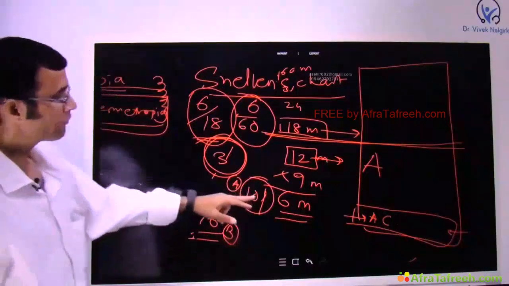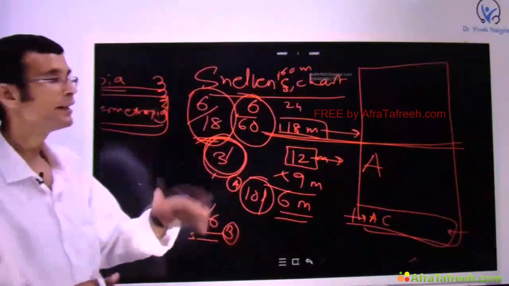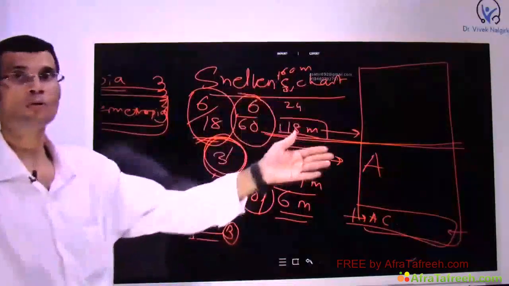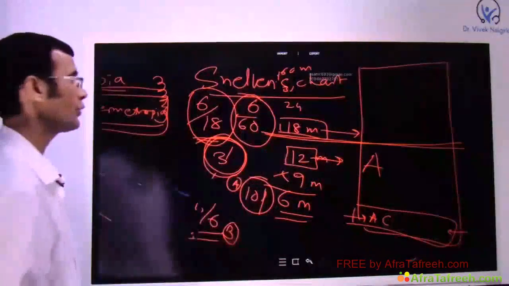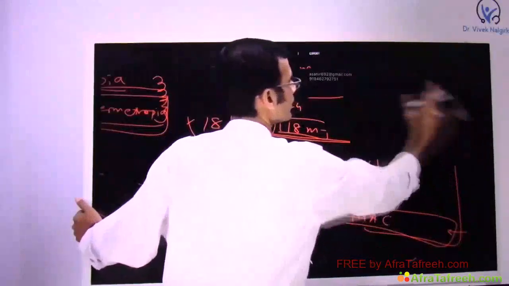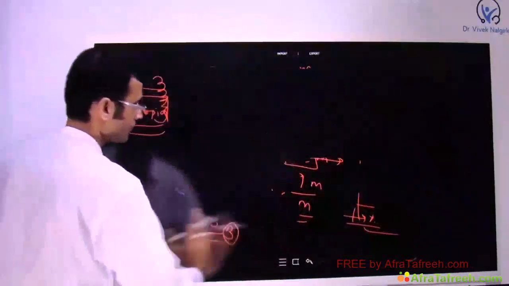So this person will be able to see 2 points separately if they subtend an angle of 10 minutes or more at the nodal point of the eye. That's the Snellen's chart, and how we interpret the Snellen's chart or Snellen's notation.